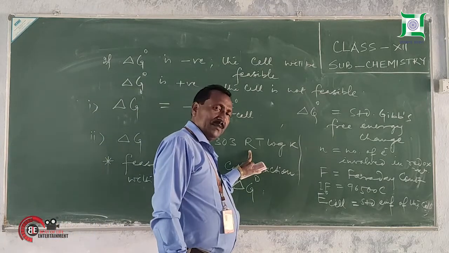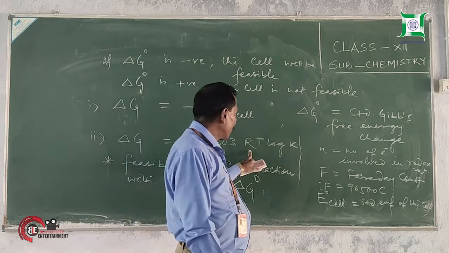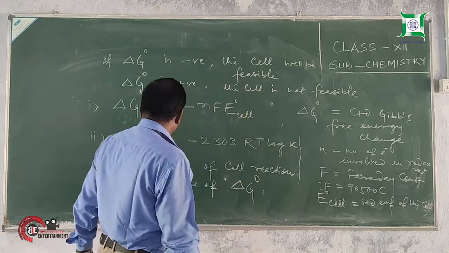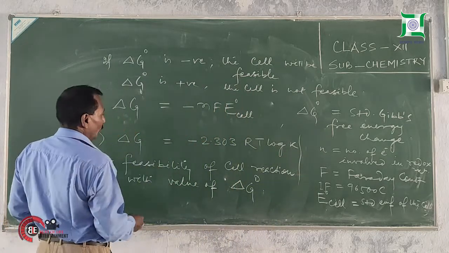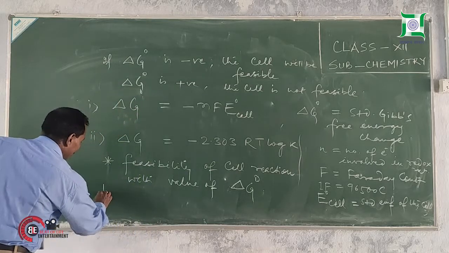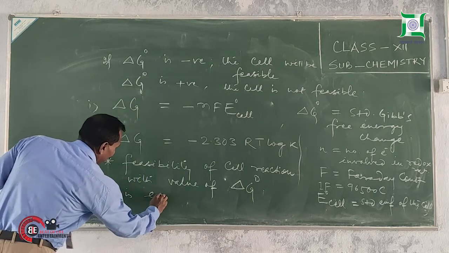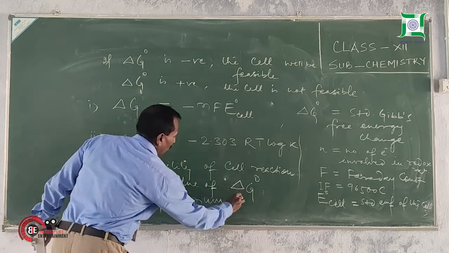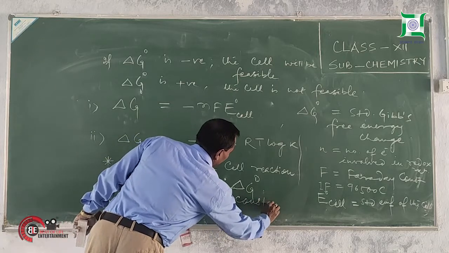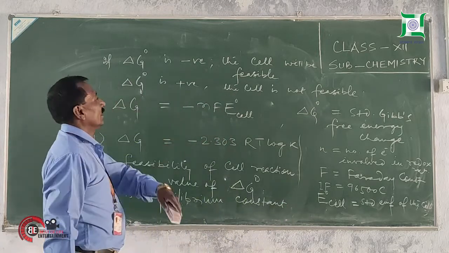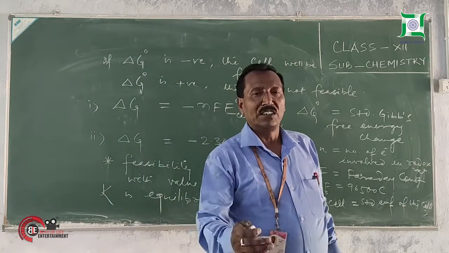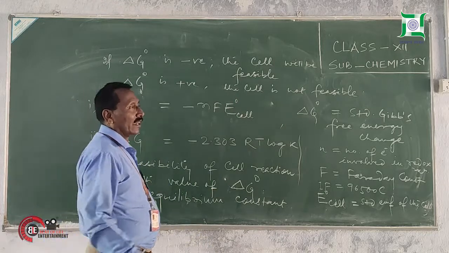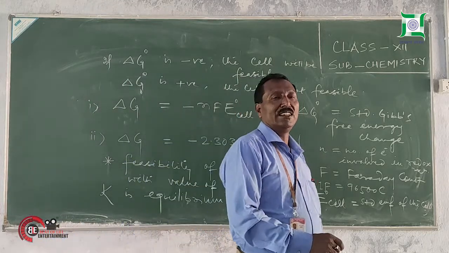Here R is the gas constant, T is temperature, and K is the equilibrium constant. By applying these two formulae, we can solve a lot of numericals based on it. So this is all about the galvanic cell in detail.